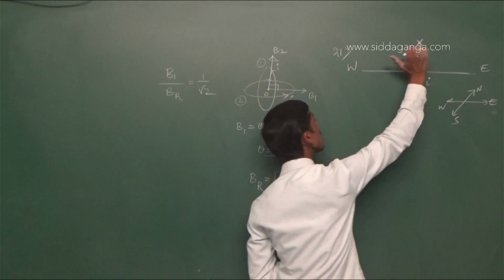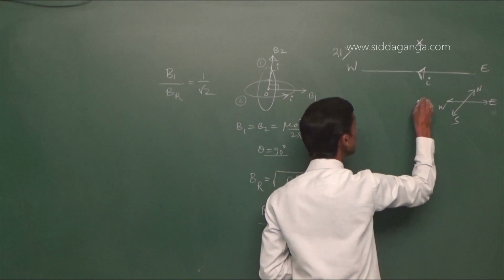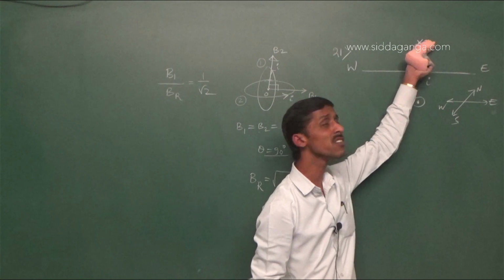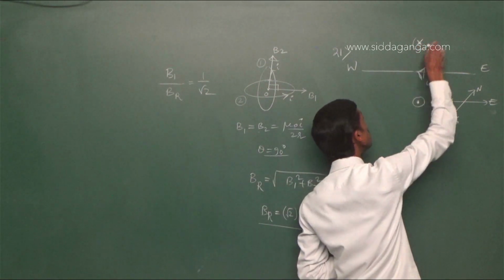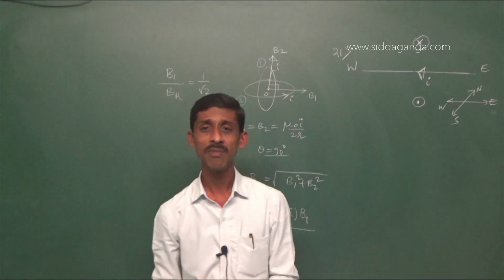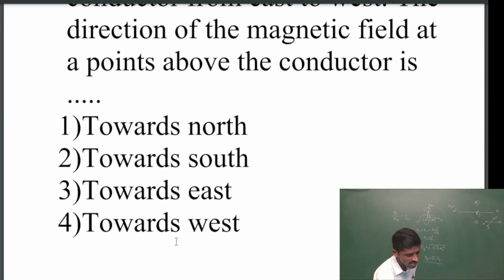So here the fingers are going inward. For a point below the current carrying conductor, the magnetic field is outward. Outward means south, inward means north. Or south to north. So what is the direction of the magnetic field at a point above the conductor? Towards north, or from south to north. So towards north is the correct answer.